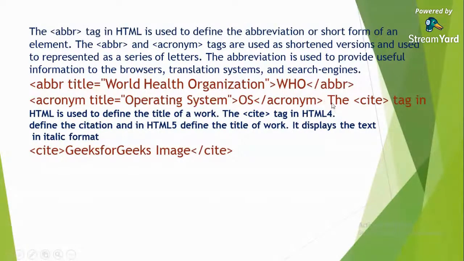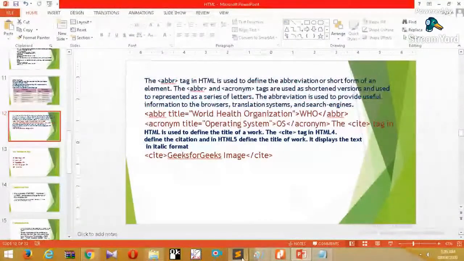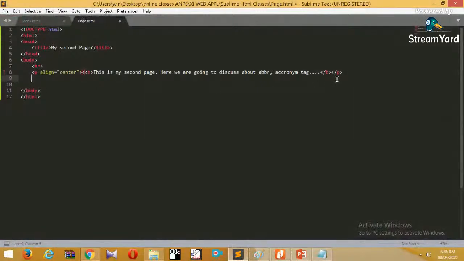Another tag we will use after that is the cite tag, so we'll come to the cite tag later. First let's discuss these two tags. Here I am using the ABBR tag. This is my opening tag of ABBR. Within the ABBR tag we have to write one attribute, title.